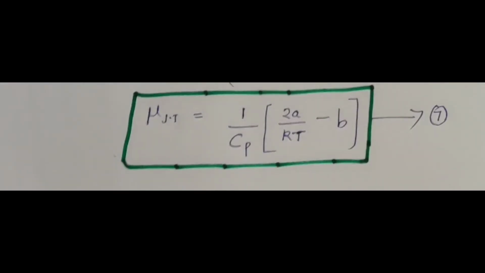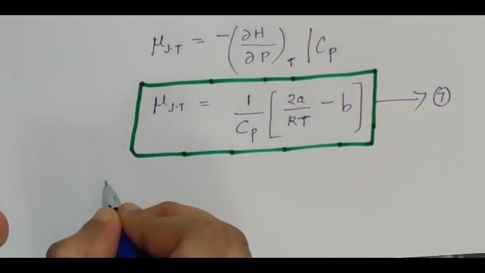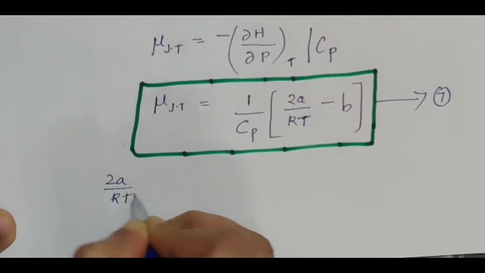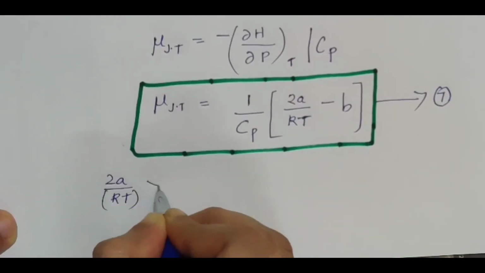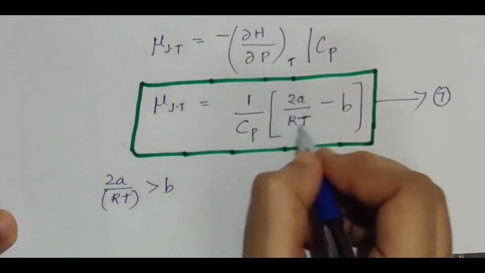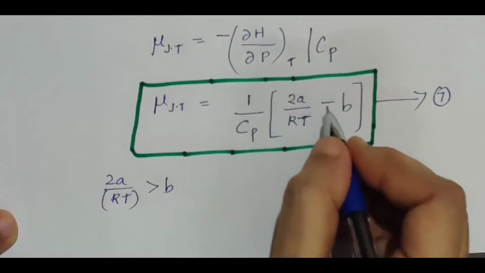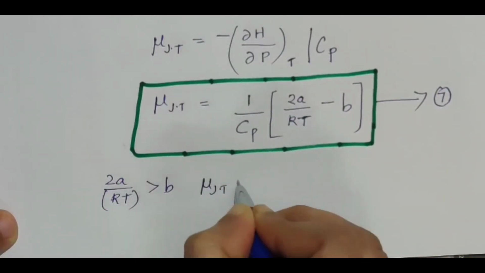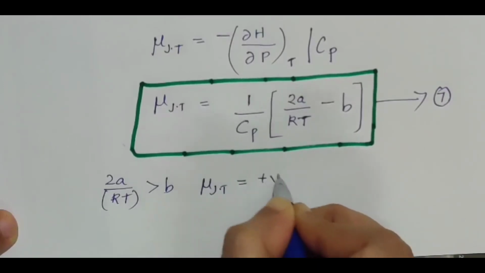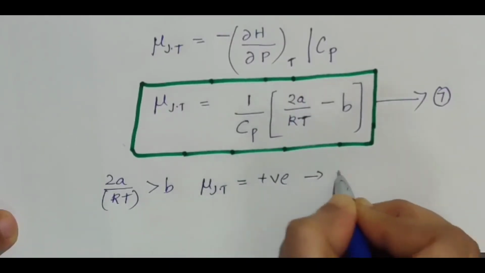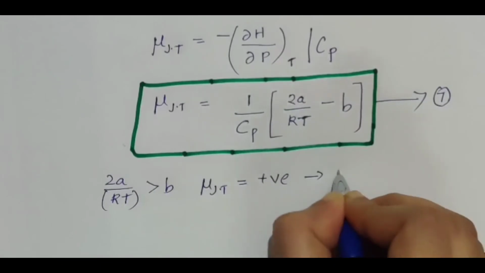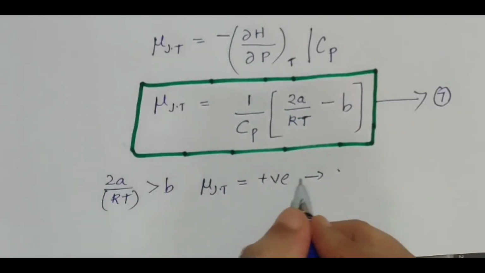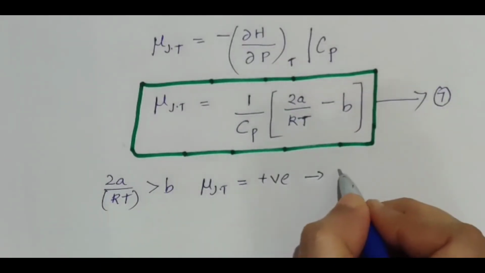When the term 2A by RT is greater than B, μJT is a positive quantity. Then is heating or cooling observed? When μJT is positive, cooling is observed.